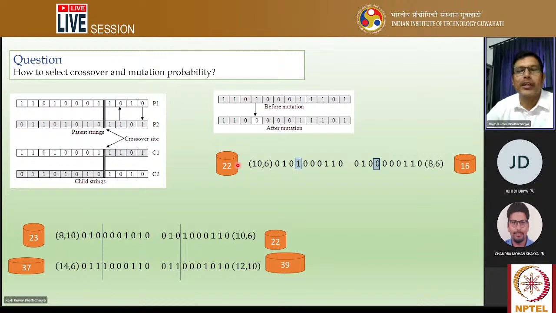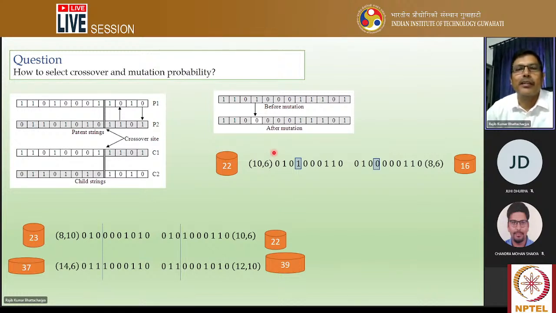Otherwise, it will go from one region to another region, just like a random search. So in order to have a decent search process, the crossover probability is very high and the mutation probability is very low.